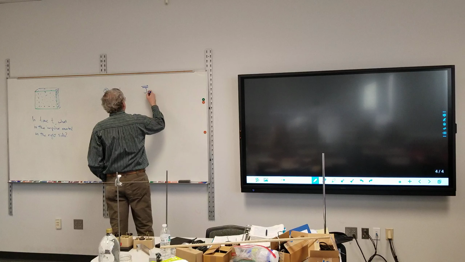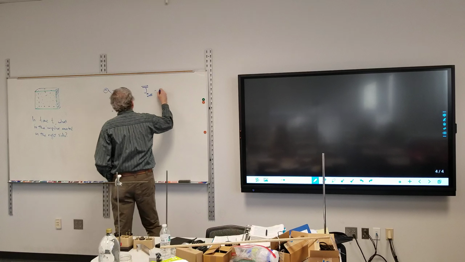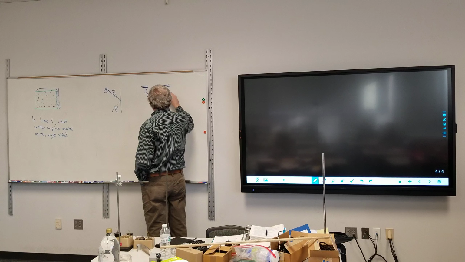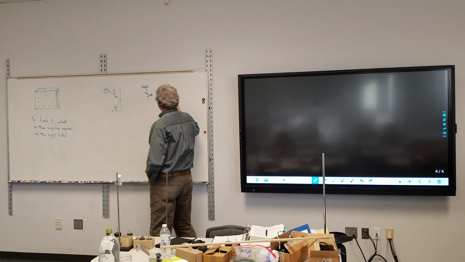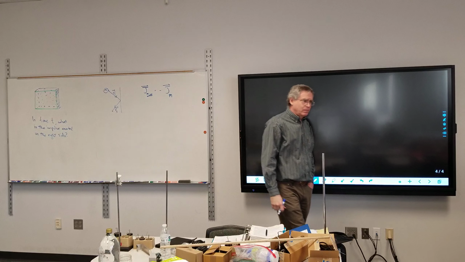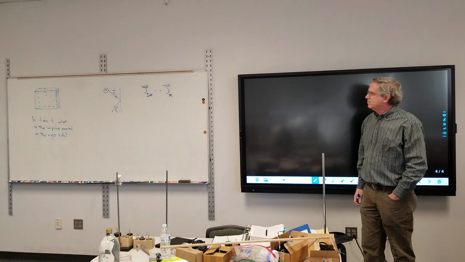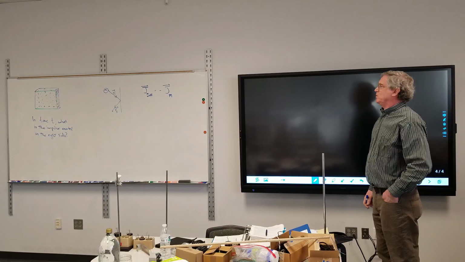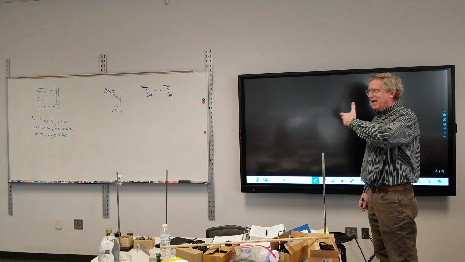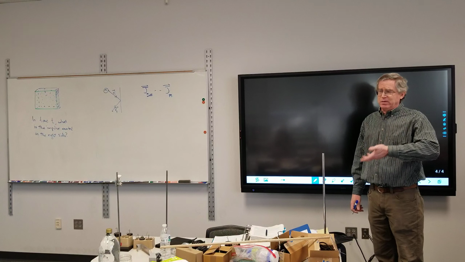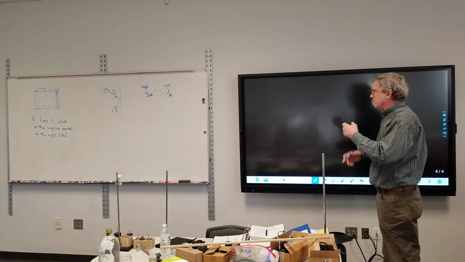So the J on the wall is going to be equal to the negative of the impulse on the particle. It's a closed system, so whatever one gains in momentum, the other has to lose, so they're going to be opposites of each other.